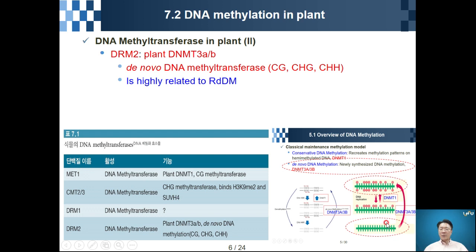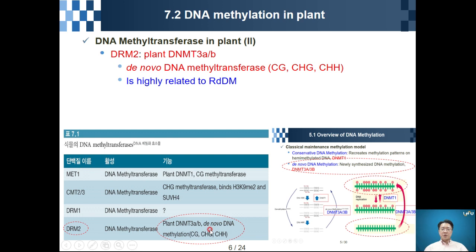At that time we learned that DNMT3A or DNMT3B is involved in de novo DNA methylation. However, in plants, DRM2 is involved in de novo DNA methylation. DRM2 functions as the plant DNMT3A or DNMT3B.